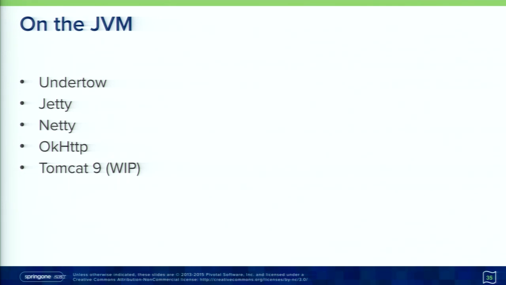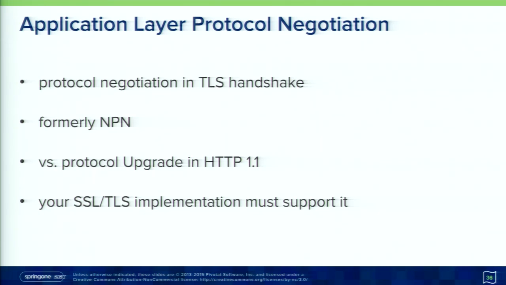We talked earlier during the demo about ALPN, and that's an important thing to really understand about HTTP2. ALPN allows you to do protocol negotiation within TLS. Whenever you're starting an encrypted connection, TLS, you have to know what kind of protocol you can talk to with the server, and ALPN is this.